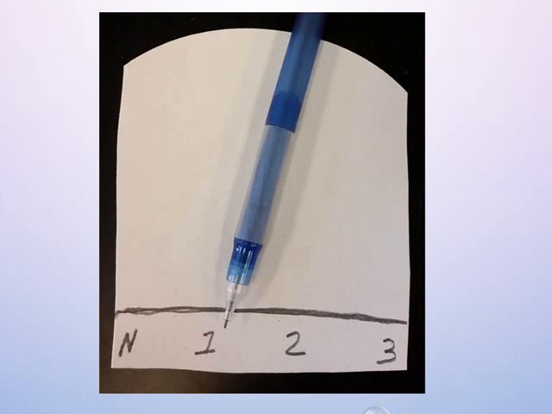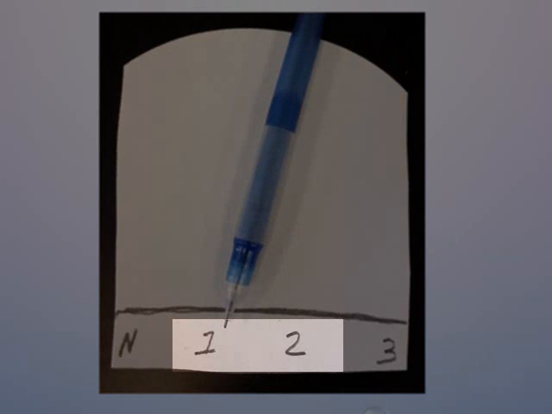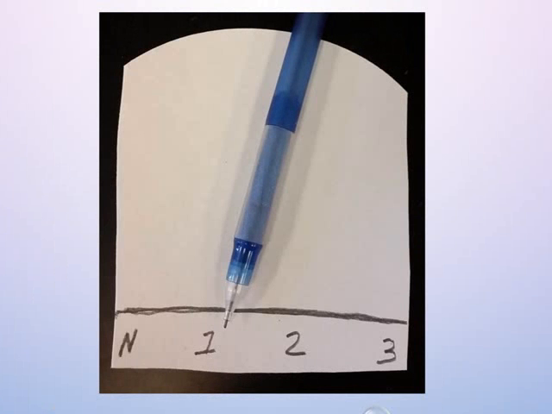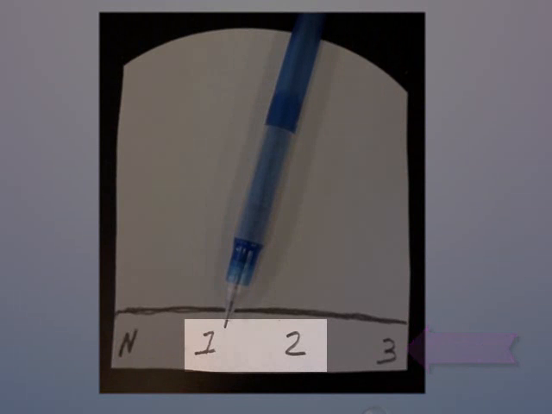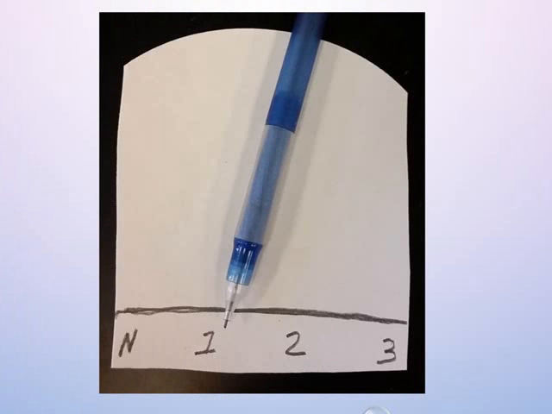Next, in between the N and the 3, we will write the numbers 1 and 2, spacing them evenly as shown in the picture. So when you look at this, the N is in the far left corner, the 3 is in the far right corner, and the 1 and 2 are in the middle, and they're all separated with even distance between the letters and the numbers. We'll pause the video to complete this step now.